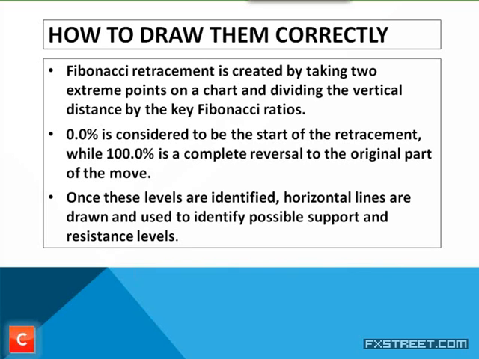And you put these lines in, a Fibonacci line, 0 to 100, and it will break down the correct retracement targets that we do. Once these levels are identified, we use them as possible, in determining where to enter or exit a trade.